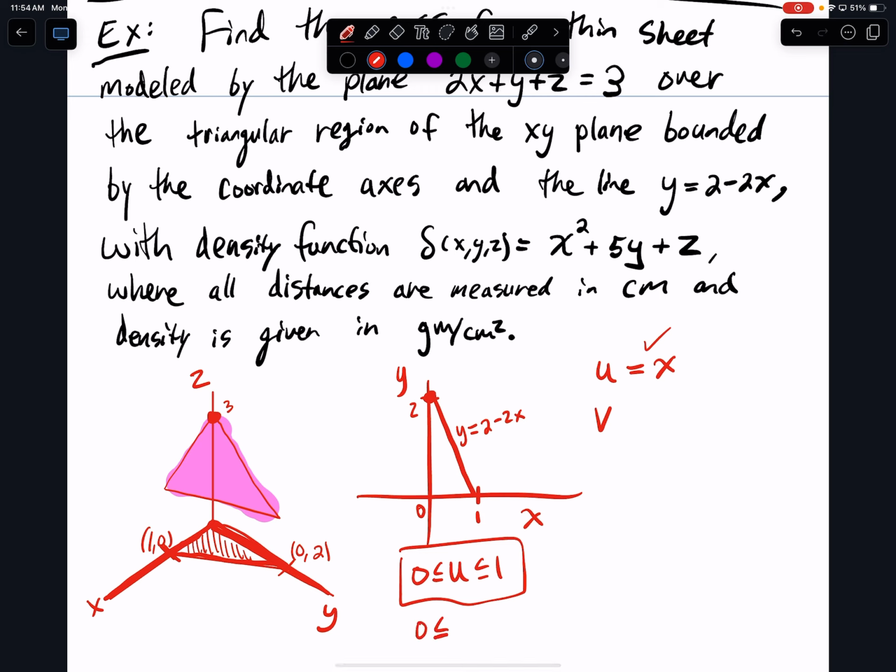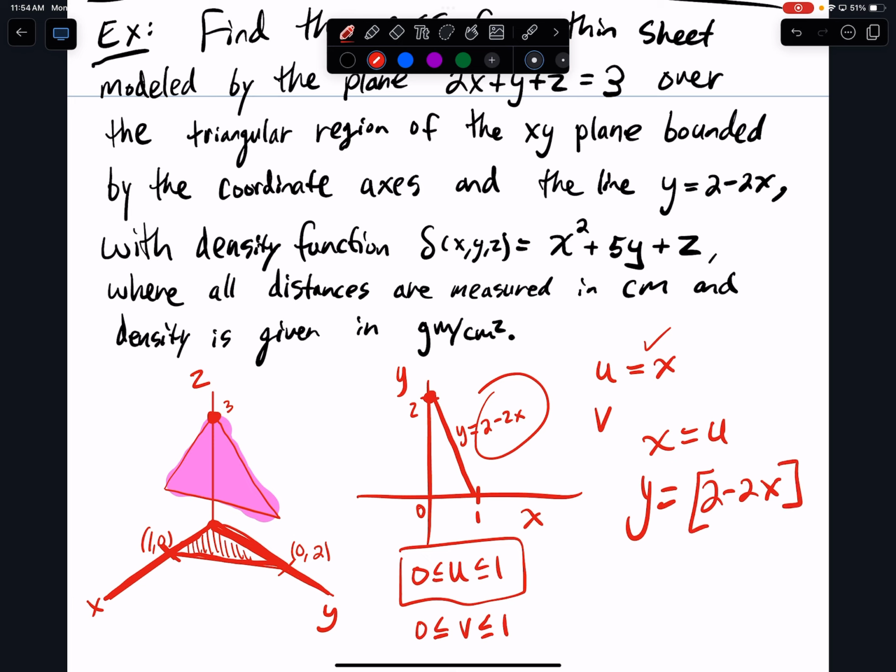So if v is equal to 1, what do I want the line to look like? 2 minus 2x. So the y here, I have x equal to u. Right now, if I just did y, I'd have 2 minus 2x, right? But that would be when v was equal to 1.